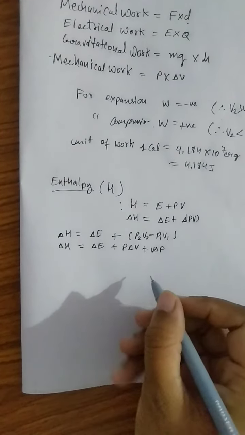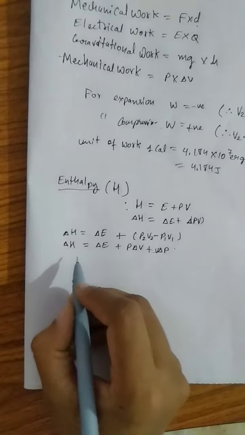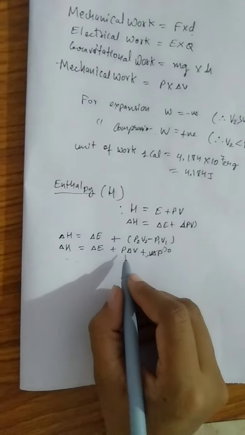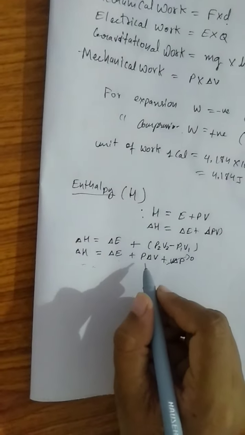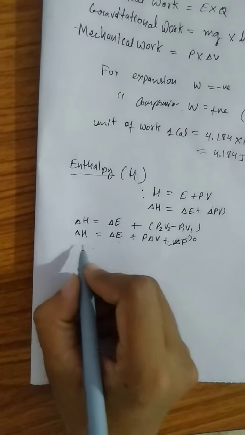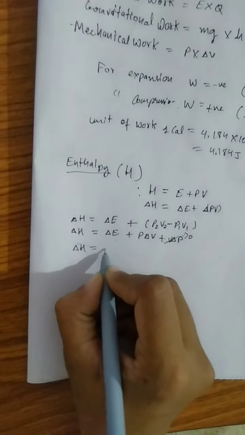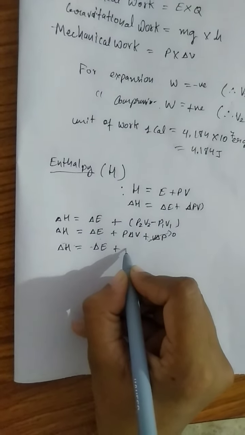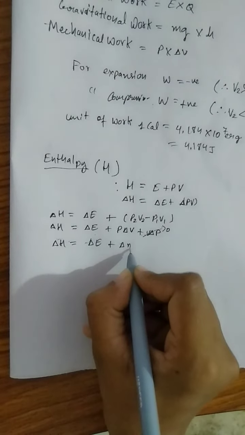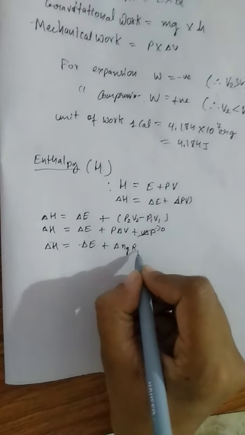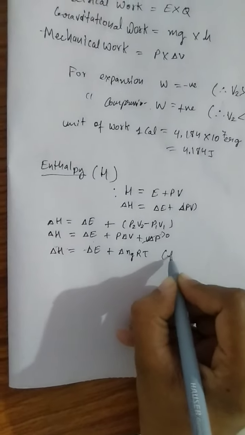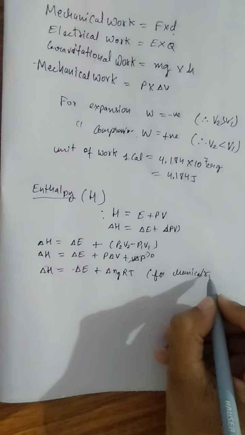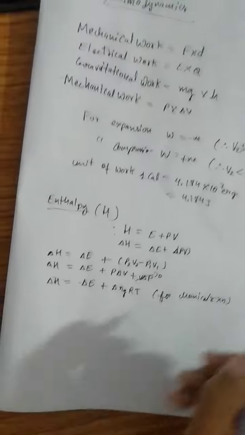Then at constant pressure, this will go to 0, so we will be having delta H equal to delta E plus P delta V, and this can also be written as delta H equal to delta E plus delta Ng RT for chemical reactions.